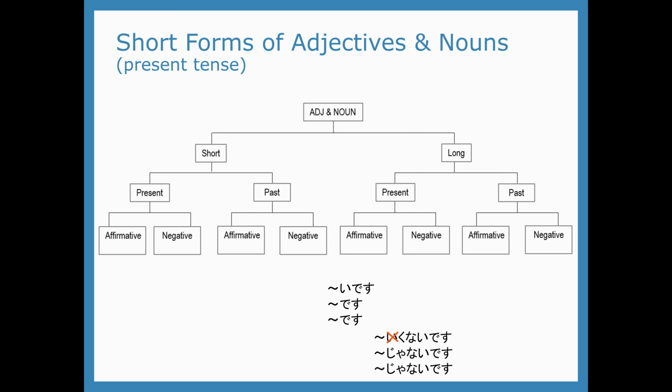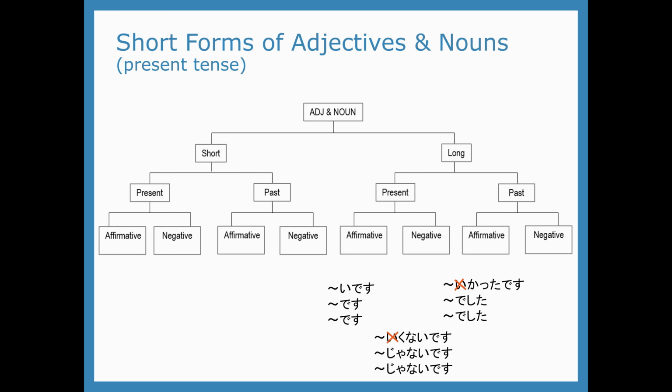So we have atsukunai desu, or with a na adjective, genki janai desu. With a noun, gakusei janai desu. With the past tense, we either get rid of the i and add katta desu for i adjectives, or for na adjectives and nouns, we add deshita. So atsui changes to atsukatta desu.